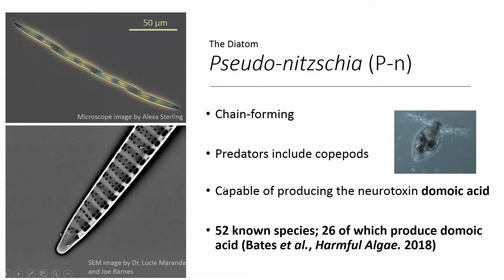They are capable of producing the neurotoxin domoic acid. And again, this is a high-resolution scanning electron microscope image provided by Dr. Lucy Miranda, which just shows just how beautiful and complex these skeletons are. There are 52 known species of PN, and about half of those have shown the capability to produce the domoic acid toxin.